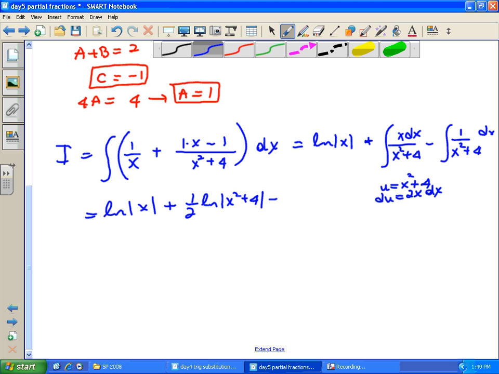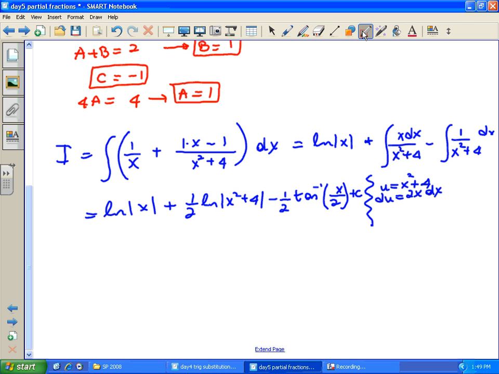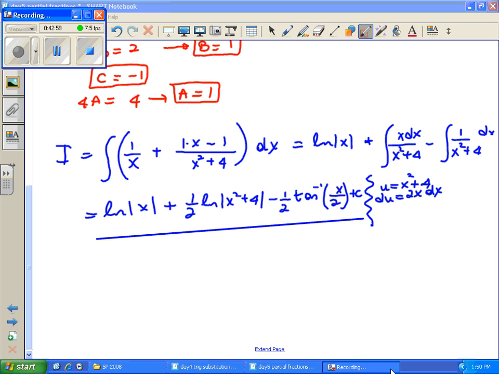So what should I be writing here? 1 over a, which is 1/2, tan inverse of x over a, plus c. Okay, so this was an example that had an irreducible quadratic in it, and we have to remember to change our numerator accordingly. And I'll answer any questions you may have on this in just a moment.